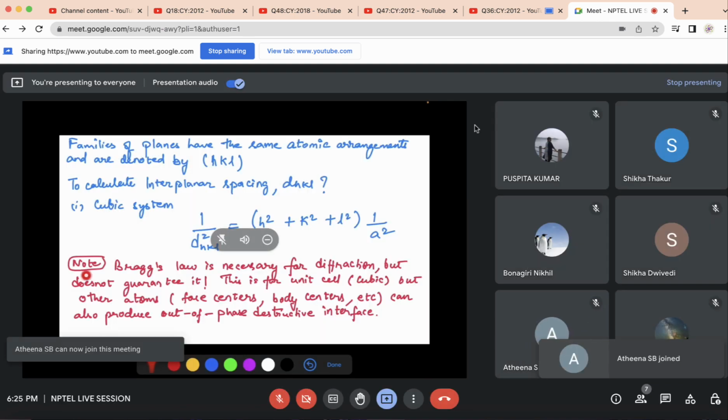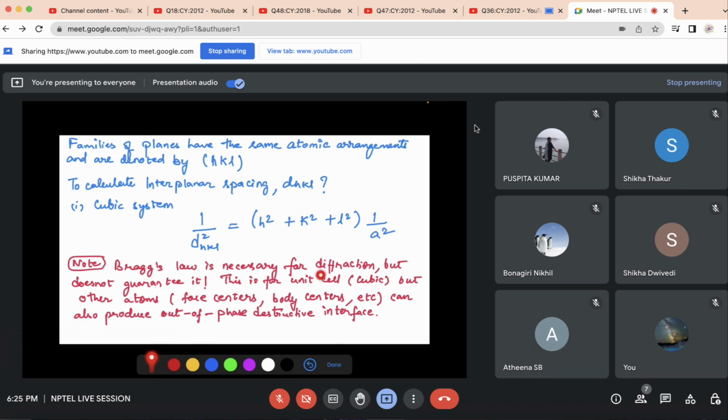And note here, so here is the catch. Bragg's law is necessary for diffraction, but does not guarantee it. So the Bragg's law that we have seen is necessary for diffraction to occur, but it doesn't guarantee that it will give us constructive interference.